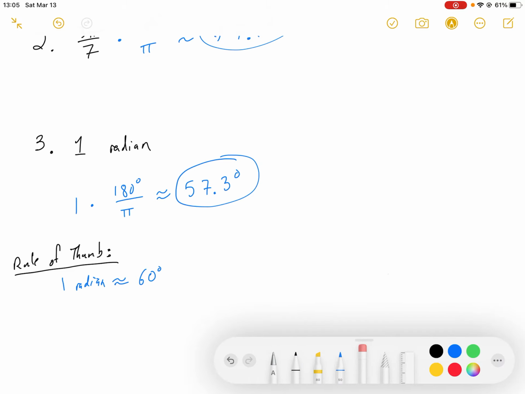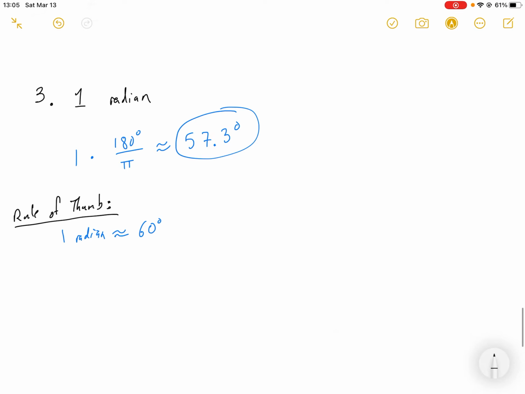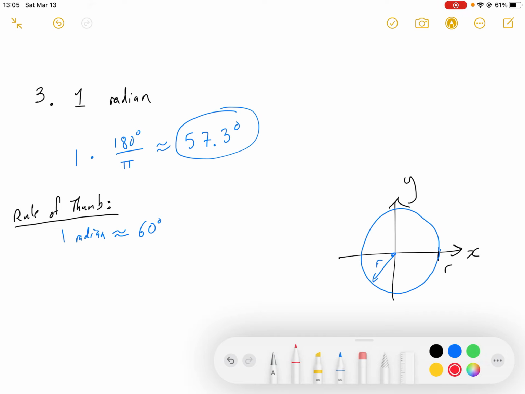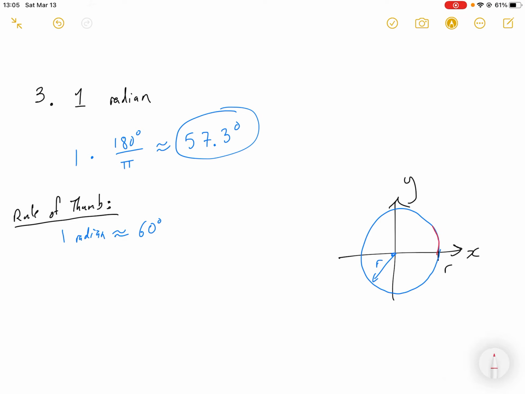Speaking of what a radian is, the way it's technically defined is if you have any circle, and let's say that circle has a radius of r. So here's my circle. This is r, right? So its radius is r. 1 radian is defined as if you took that radius and sort of wrapped it around the circle, you can kind of imagine that it would look like this.